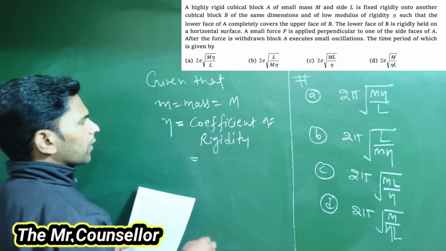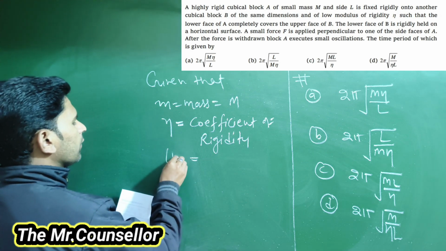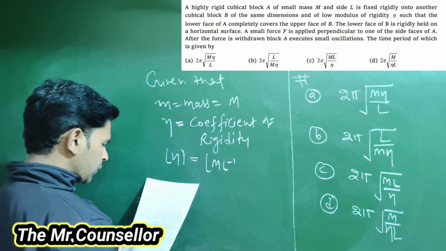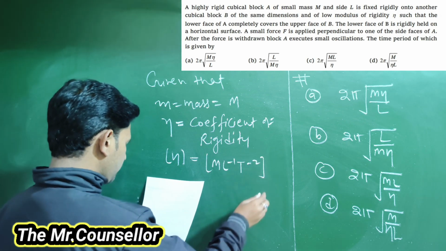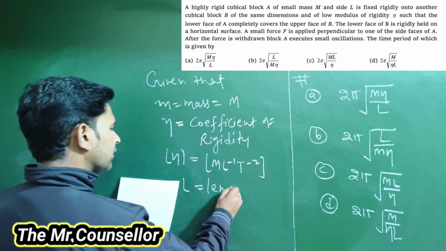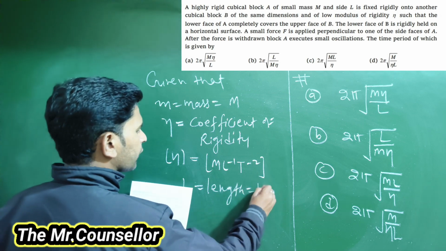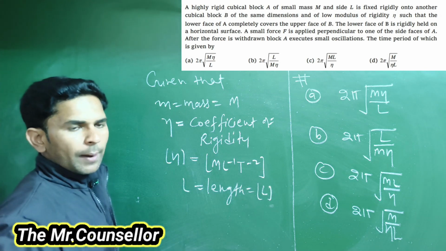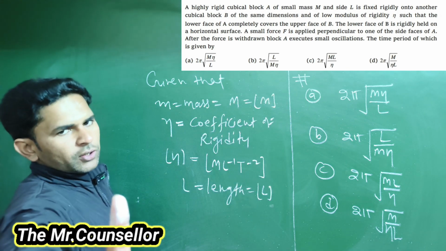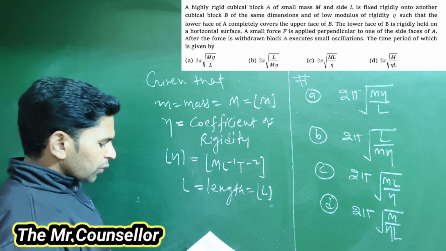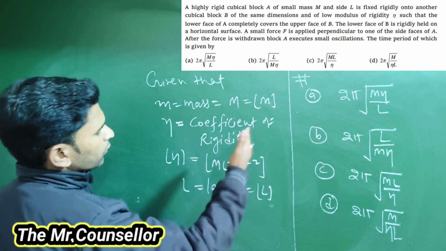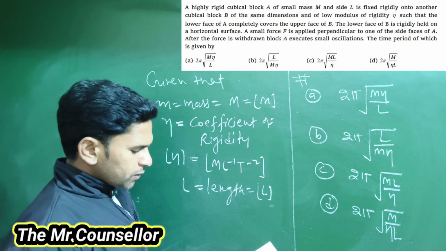You know very well, the dimensional formula of the coefficient of rigidity eta is M L^-1 T^-2. Next, length L is given, and its dimensional formula is written in capital bracket, and mass also you can write dimensionally like this. Is it okay? So now we are going to place these values and check which option we can get.